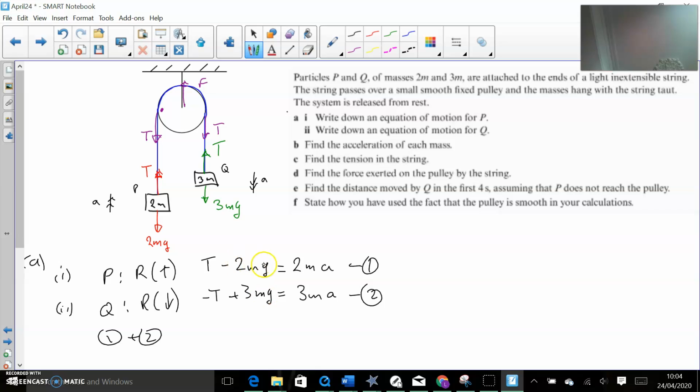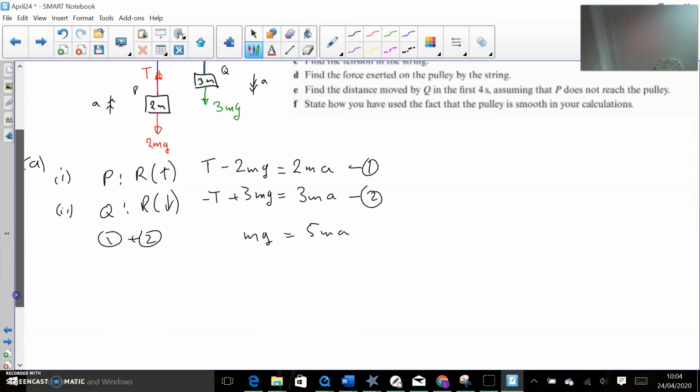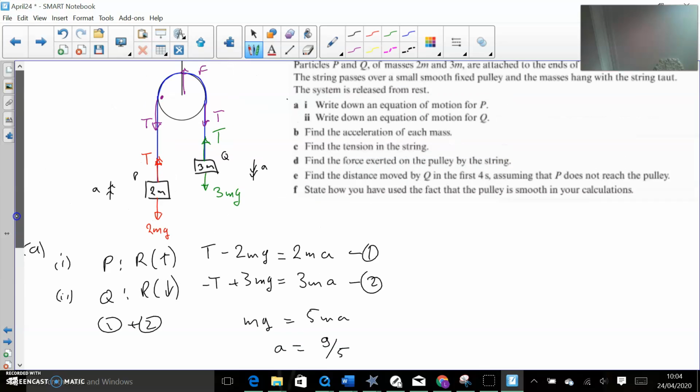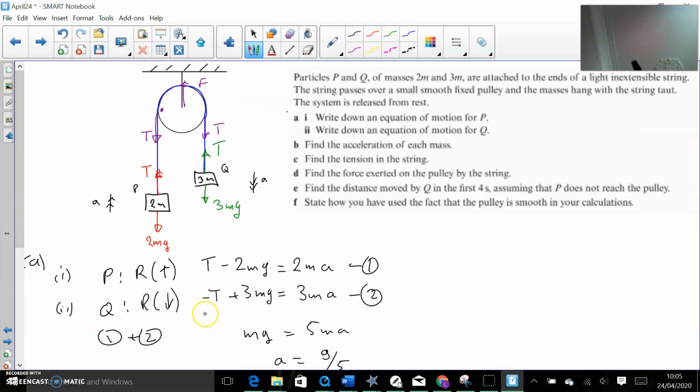Minus 2mg plus 3mg is mg equals 5ma. Dividing both sides by m and by 5, we get A equals g over 5. So A is a fifth of g. Q is accelerating down with a fifth of g, and P is accelerating up with a fifth of g.